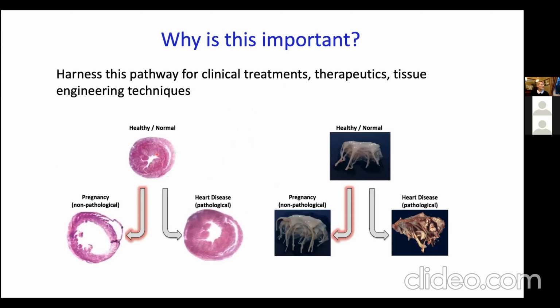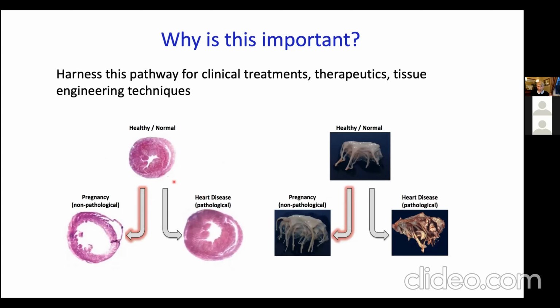So again, why is this important? Why do we care about cardiovascular adaptations in pregnancy? We've seen in the heart, in heart valves, and now in the aorta, there's some smart material, beneficial adaptations, remodeling that happens in pregnancy that is distinct from pathologies.